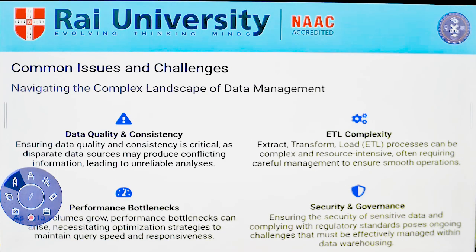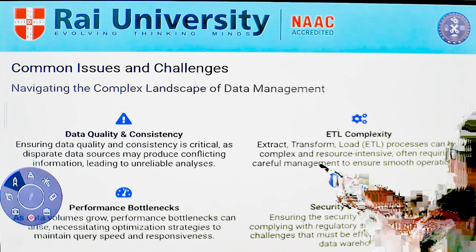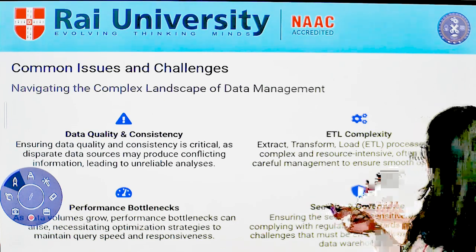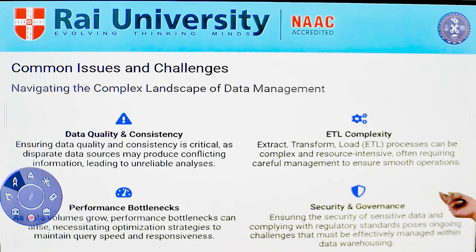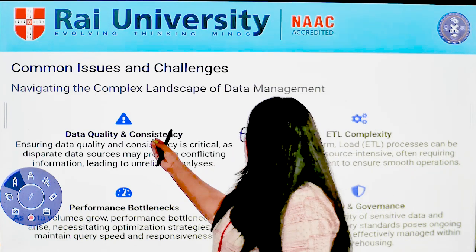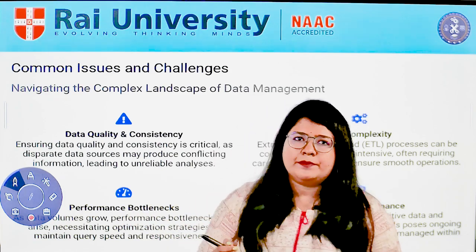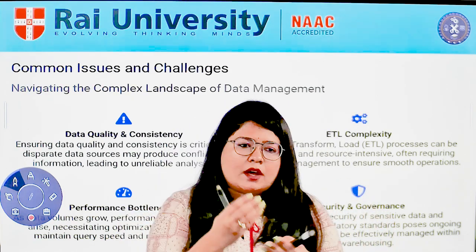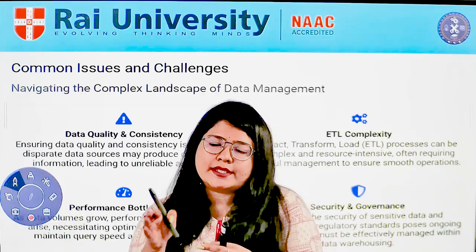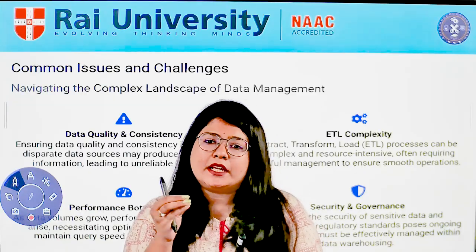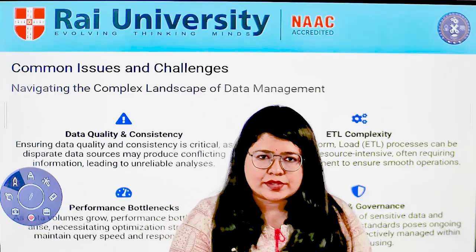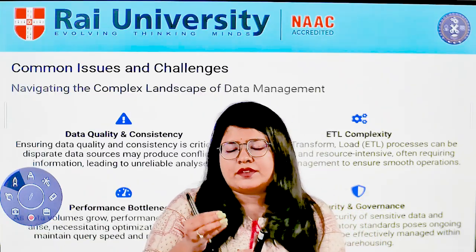So what are the common issues and challenges? First, data quality and consistency, ETL complexity, performance bottlenecks, security and governance. Firstly, data quality and consistency: in a data warehouse, data from multiple operational sources is passed through the staging site, where the ETL process is done, with extraction from all the operational sources, then transformation.